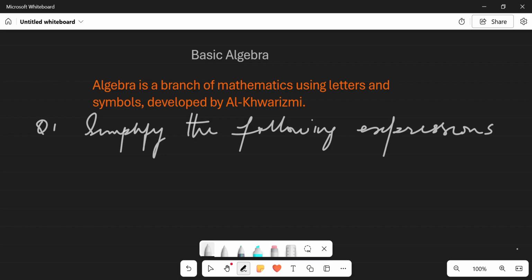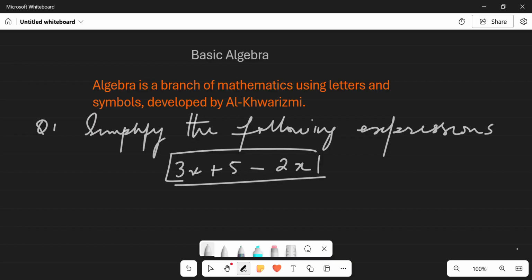Expressions have like terms. If I'm going to talk about expression and equation, an example of an expression is 3x plus 5 minus 2x. This is an expression, okay?